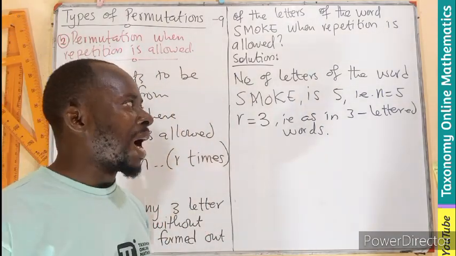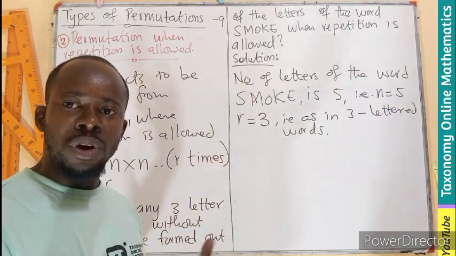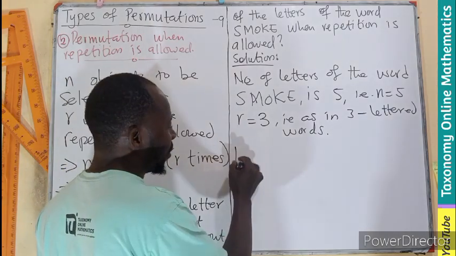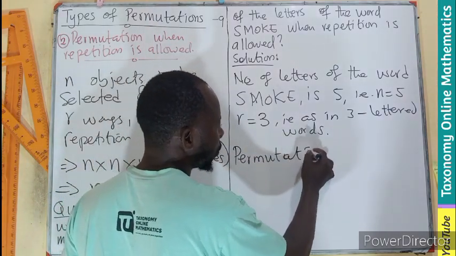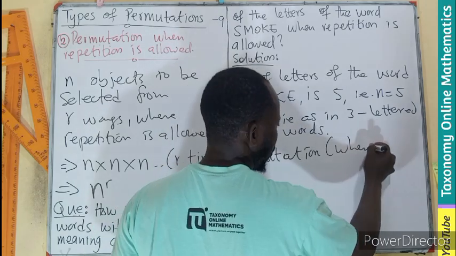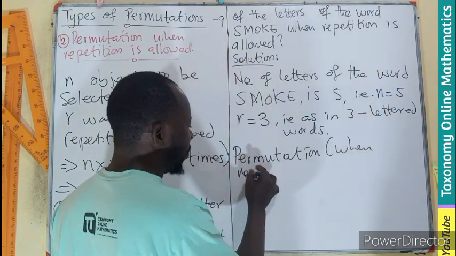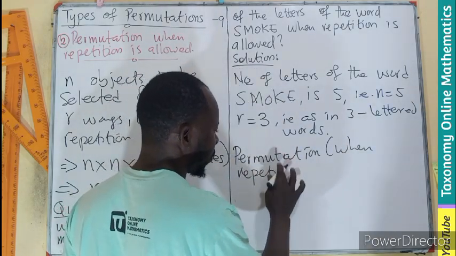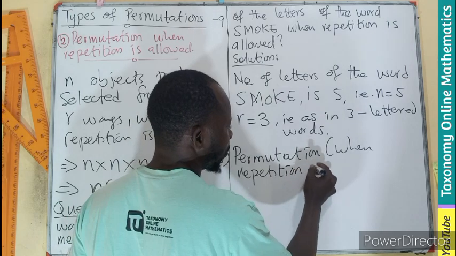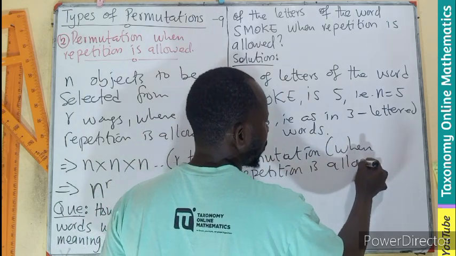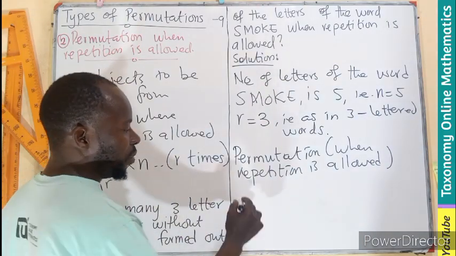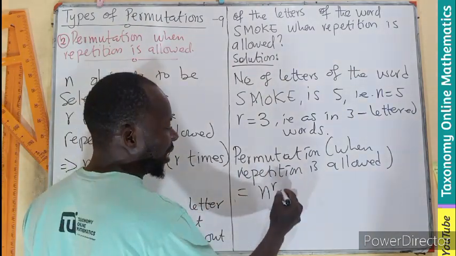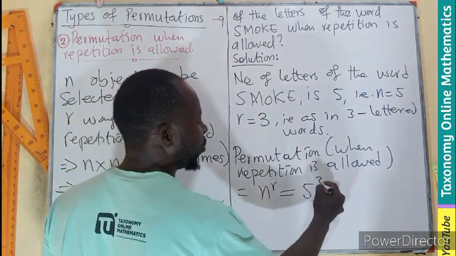Now, this is what we are having for the question. So what do we do? We are going to say that permutation when repetition is allowed is going to be given by n exponent r, which is 5 exponent 3.